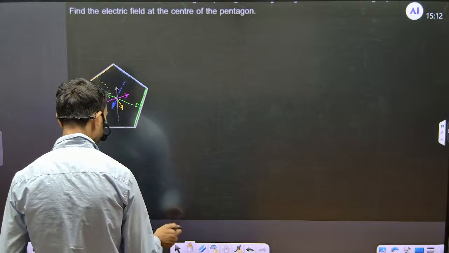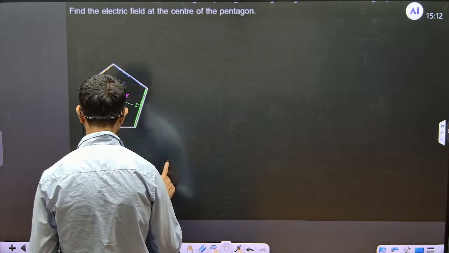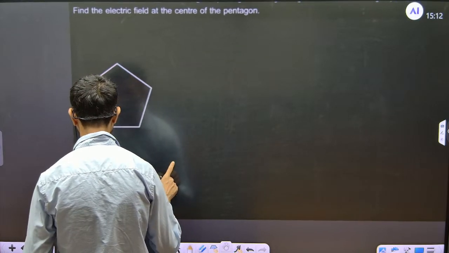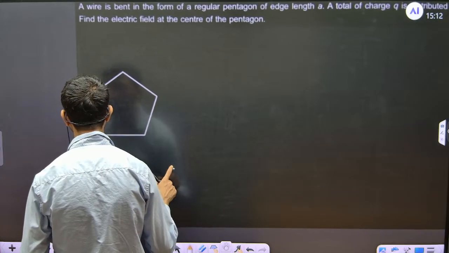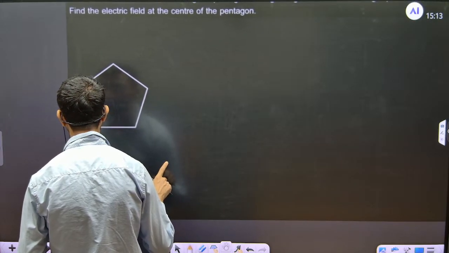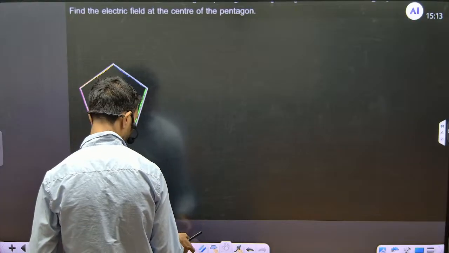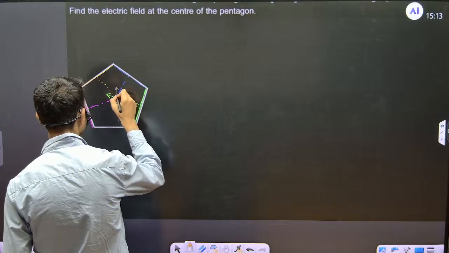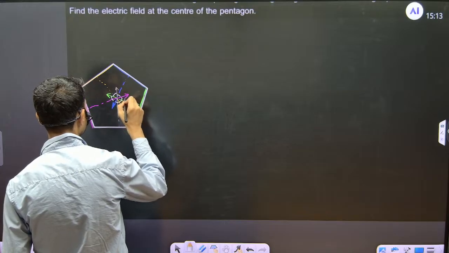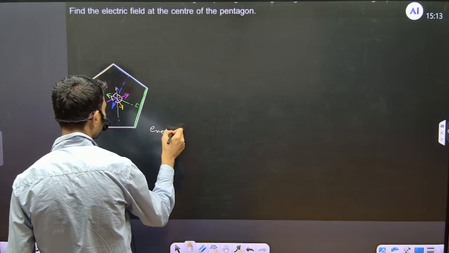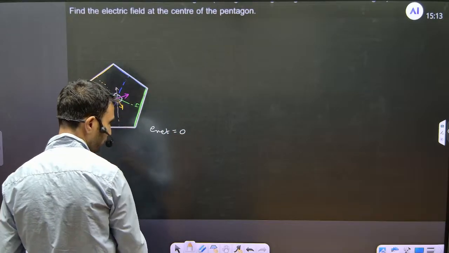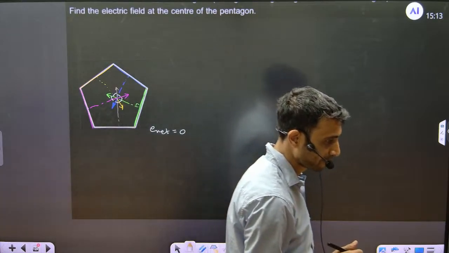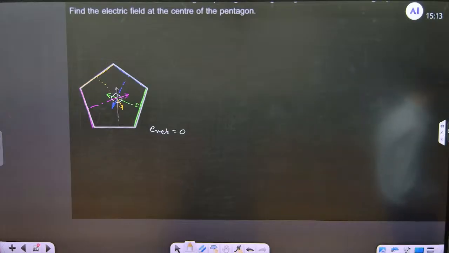So if all the electric fields are equal in magnitude and the angles are also equal, then we know that net electric field will be how much? It becomes 0. Right?